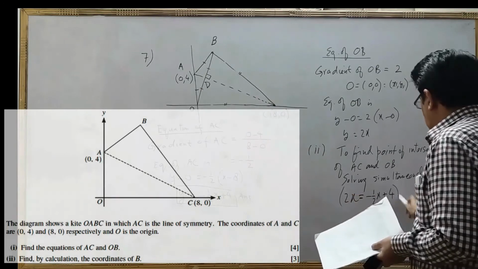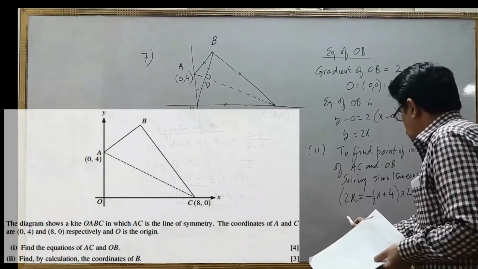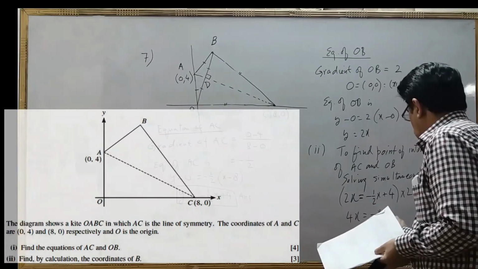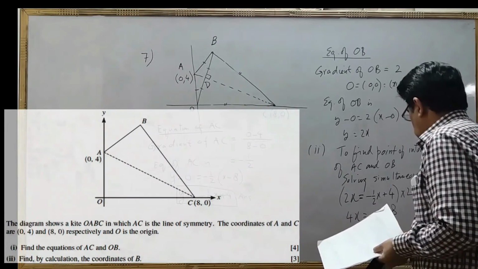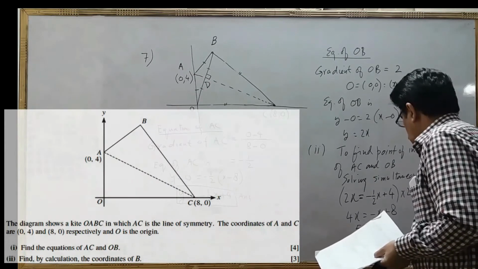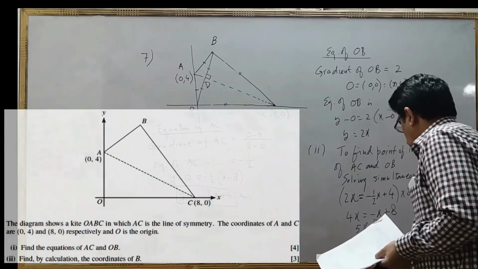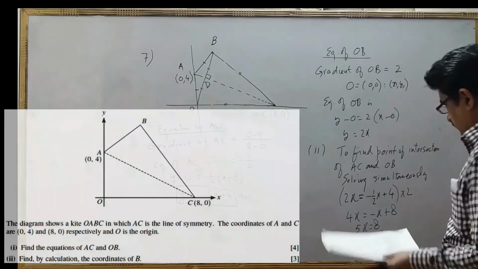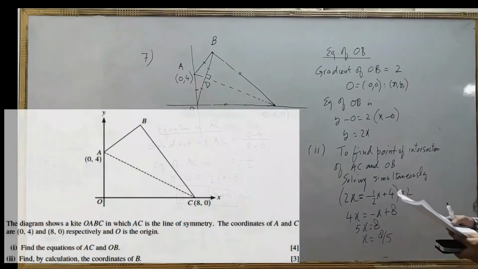You multiply this equation by 2. The value of x is 8 by 5.